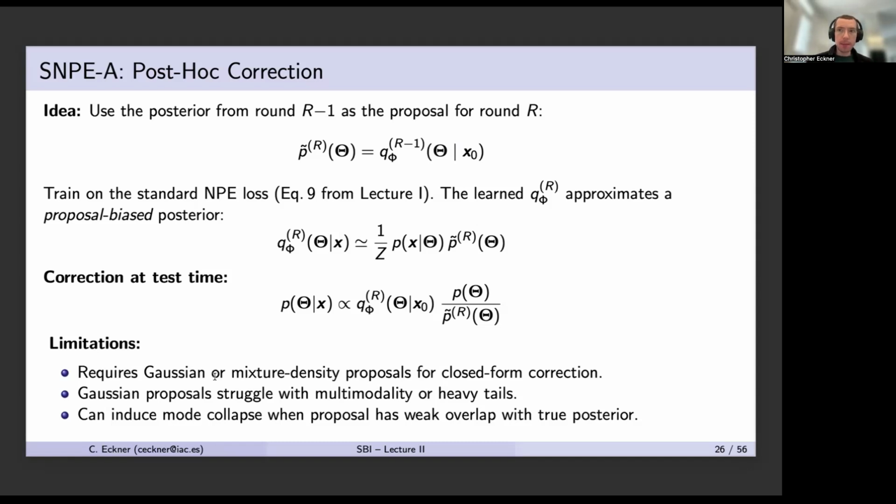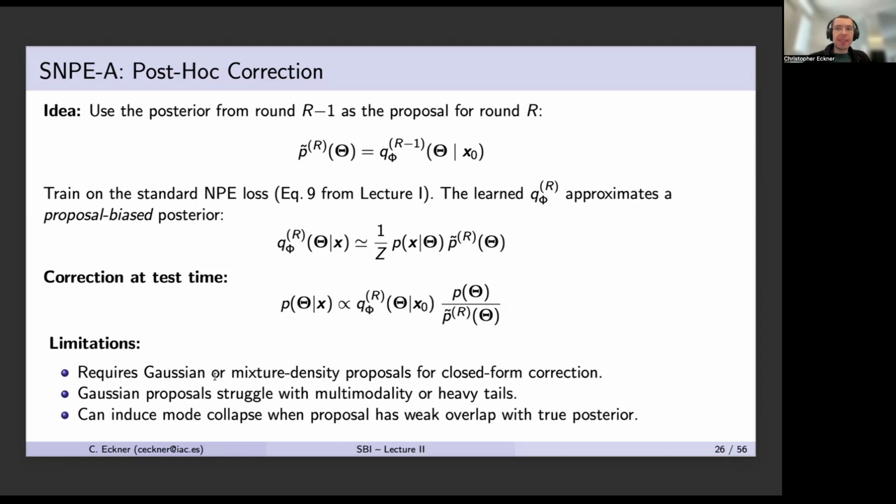Since you need to make this assumption that this is all Gaussian, more or less, you might struggle with the fact that reality might be different and your posteriors are multimodal, have heavy tails that are non-Gaussian, which then leads in return to something called mode collapse or other kind of unwanted features that are not the best posterior you could have if you weren't making the assumption of Gaussianity.